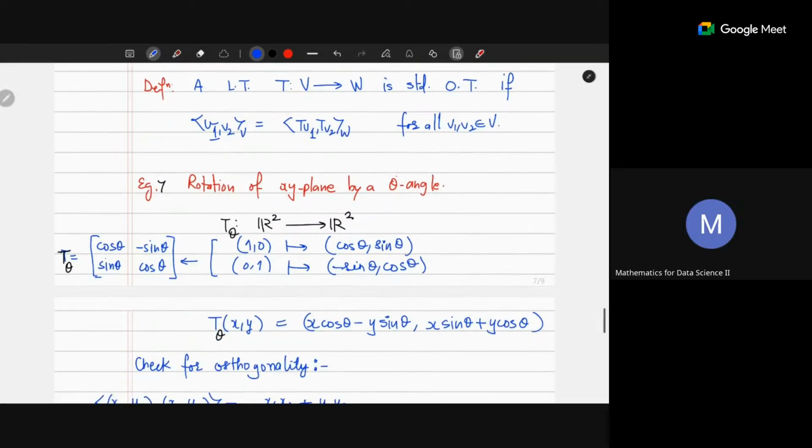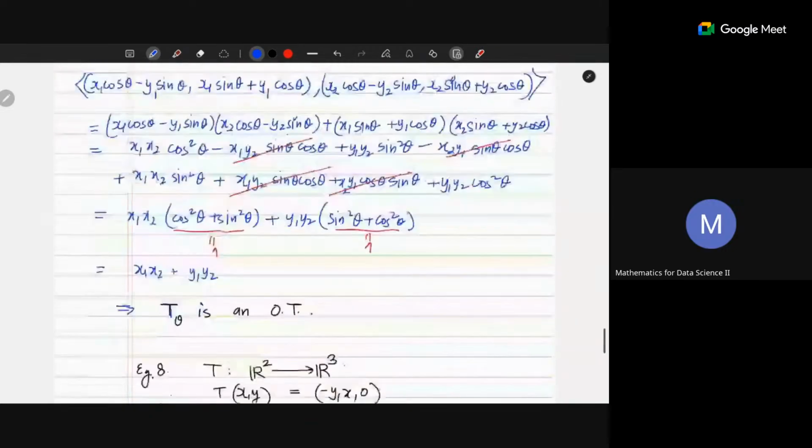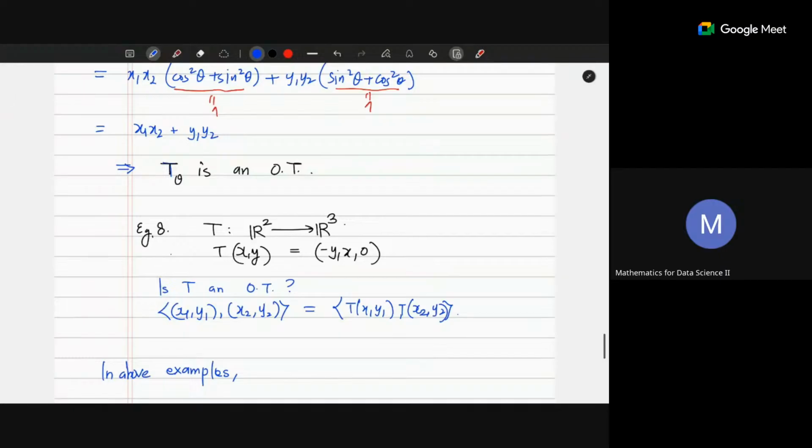For example, in this case, it was 1, 0 and 0, 1. It is also orthonormal, right? In this case also, you can work with the orthonormal basis, which is the standard one.